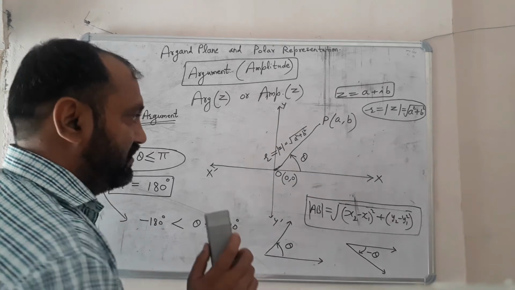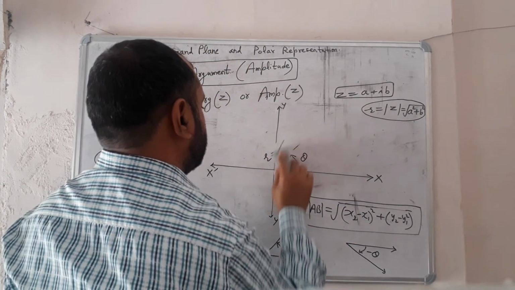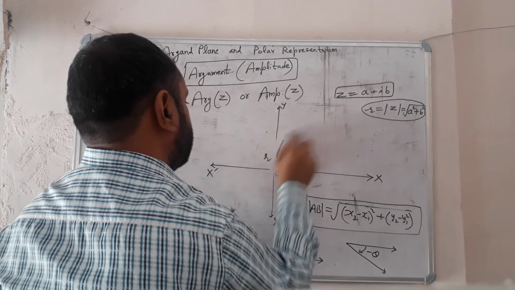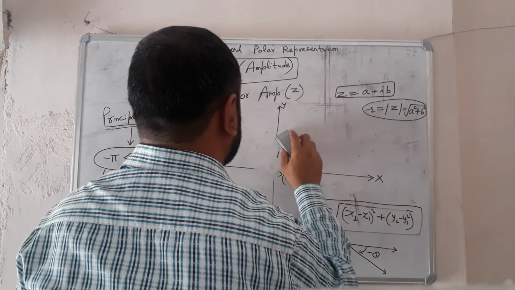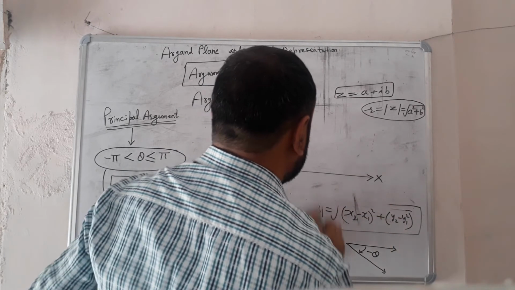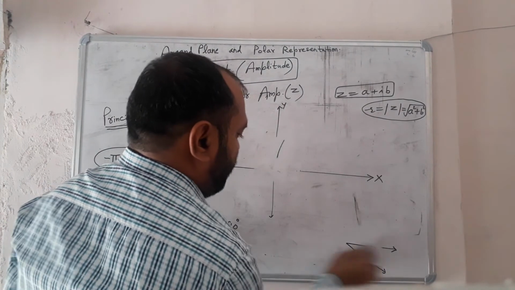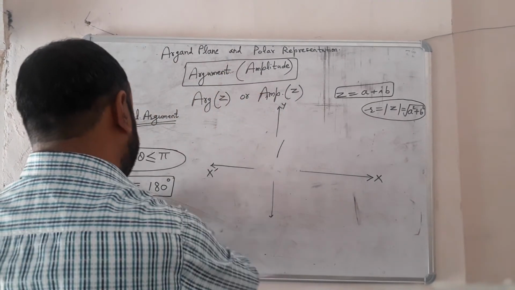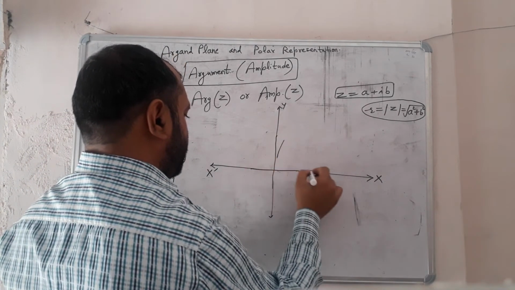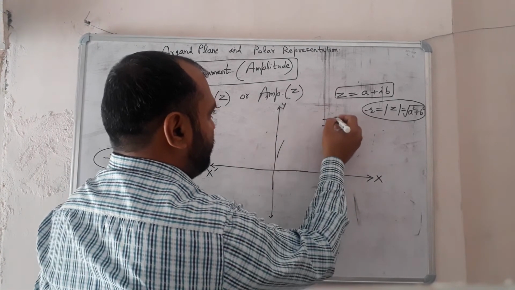There are 4 quadrants: first quadrant, second quadrant, third quadrant, fourth quadrant. So this is the x-axis and y-axis. So this quadrant is called the first quadrant.